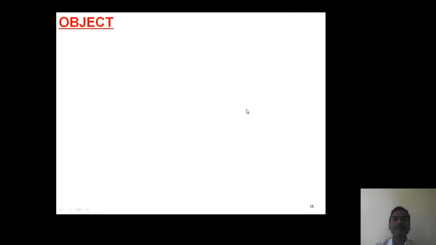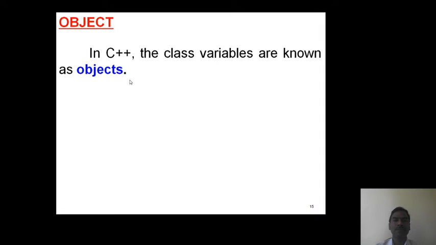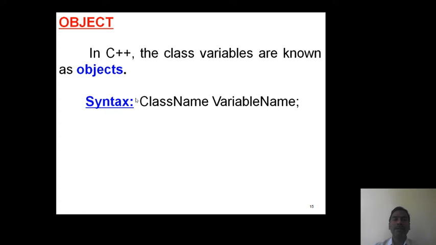Now, object. Once a class has been created, we create a variable for the class, and this variable is treated as an object. In C++, class variables are known as objects. Here is the general format of defining an object: first we specify the name of the class followed by the variable name.